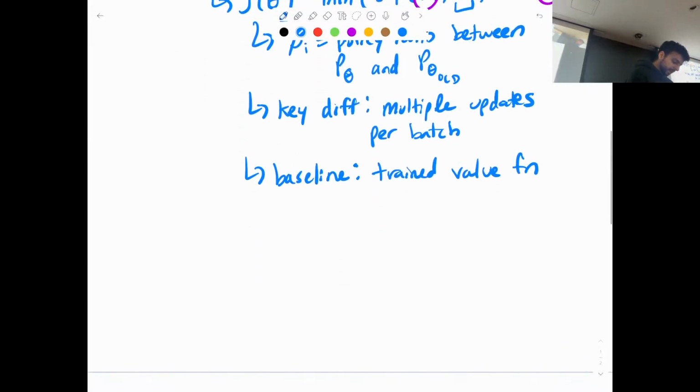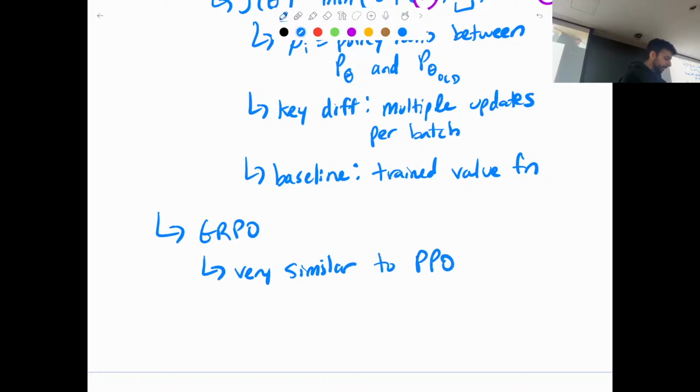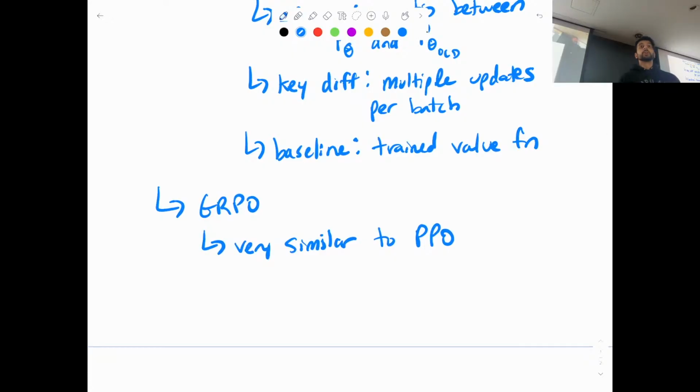So let us continue with GRPO. This is group relative policy optimization. It takes a lot of the same elements from PPO. It's still using this clipping based on the policy ratio. So it's very similar to PPO, but here there's no value function. That is a key difference.